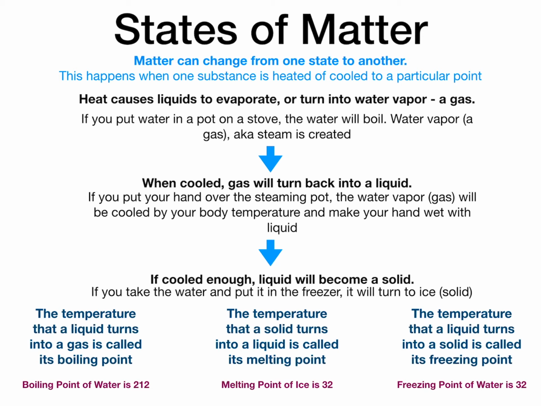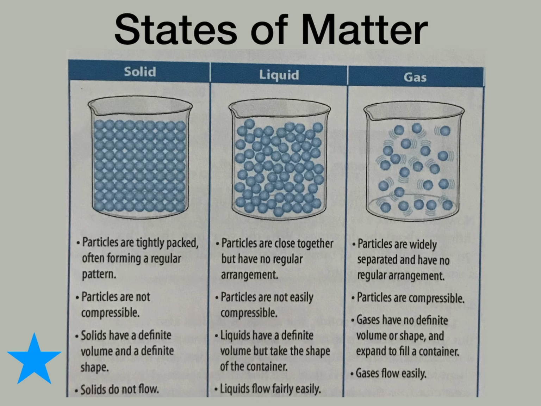Or if you have an ice cube that's 32 degrees, and you take it outside and it gets a little warmer and starts to melt, and you throw it back into the freezer, at 32 degrees it would start to become a solid again. So the freezing point and the melting point are usually the same; it just depends on what temperature it's being exposed to.